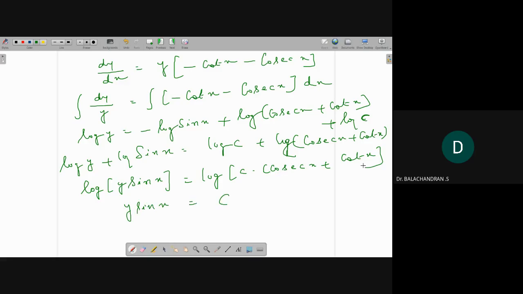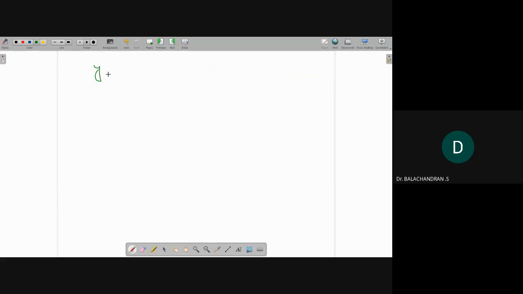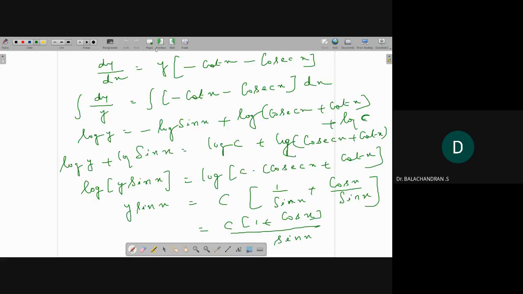So y sin x equal to c into, this is 1 by sin x, this cot x is cos x by sin x. So this is equal to c into 1 plus cos x divided by sin x. I'm going to cross multiply: y sin square x is equal to c into 1 plus cos x.